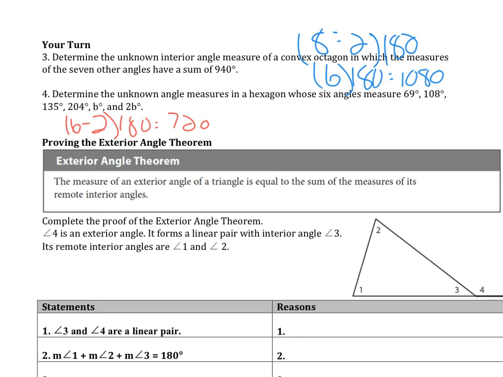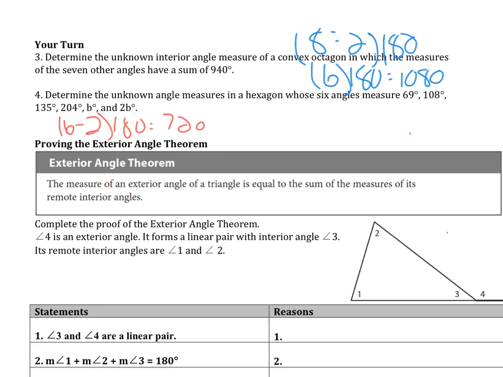Okay, so I'm going to write this out kind of as an equation. So we know we have 69 plus 108 plus 135 plus 204 plus B plus 2B, and that has to equal 720.